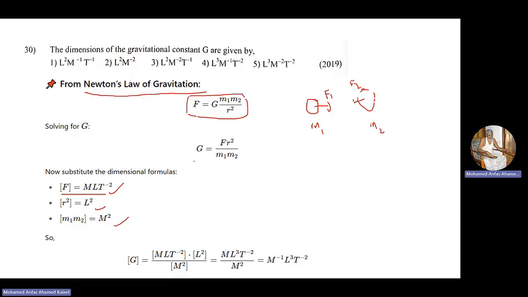Replacing these, the dimension of the gravitational constant is M^-1 L^3 T^-2. Option number 4 is the right answer.